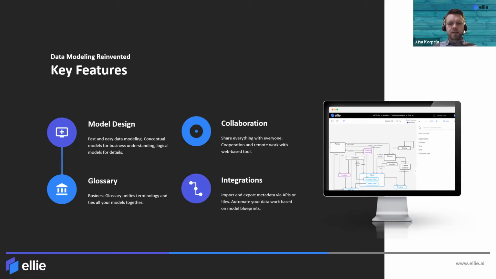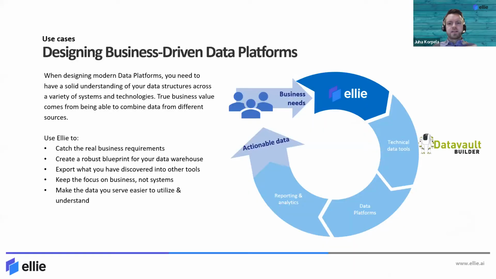We have this use case where we like to talk about business-driven data platforms, where many of our customers use Ellie to capture the structure of the actual business and then use that as a design, a blueprint, for the rest of the data platform stack. Once you have captured the real business structure and entities with Ellie, you push them forward into Datavault Builder.